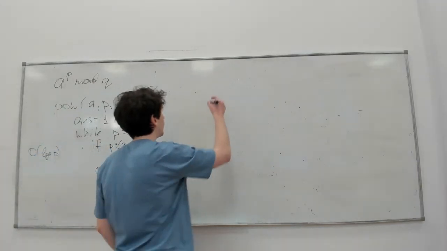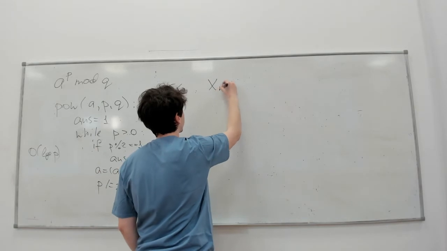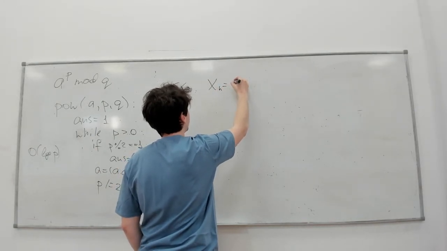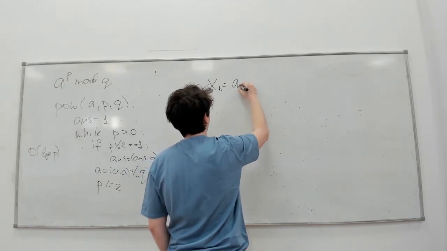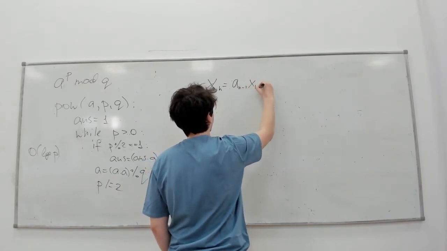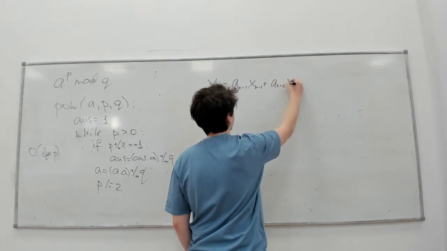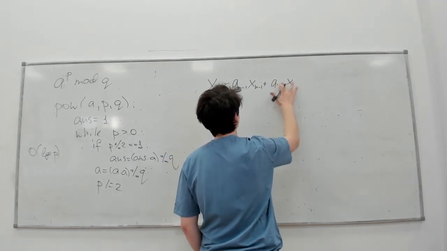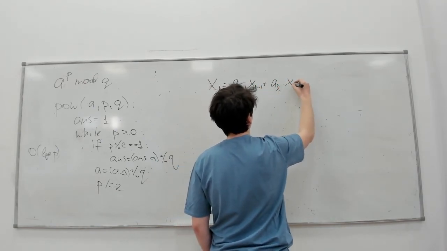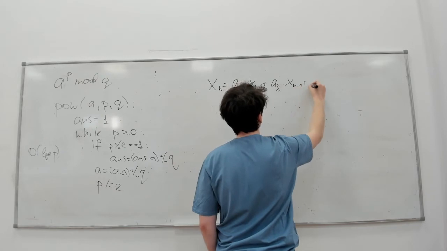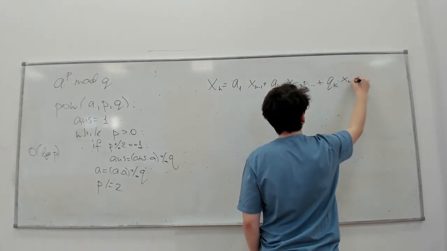Suppose we have a recurrence relation, something like that: x n equals a1 x n minus 1 plus a2 x n minus 2 plus ... plus ak x n minus k.